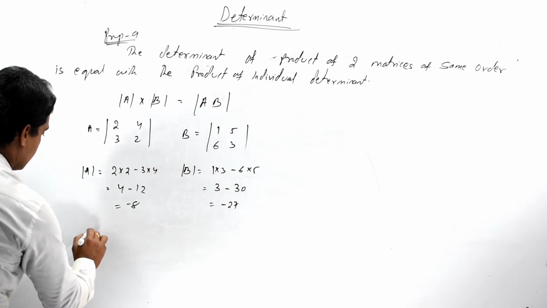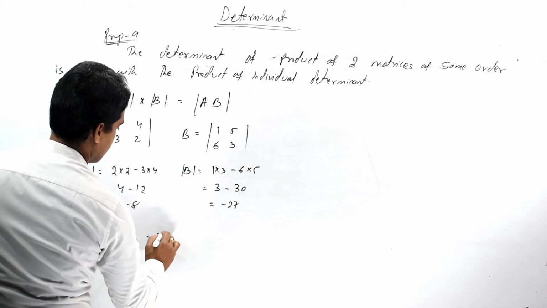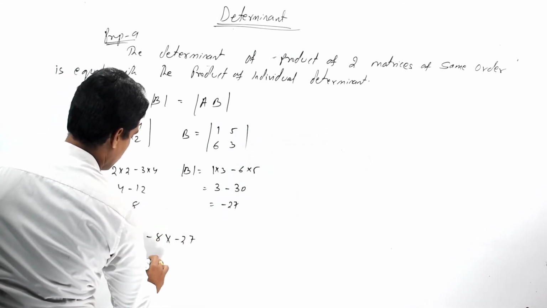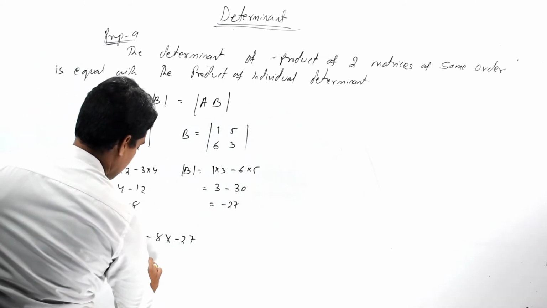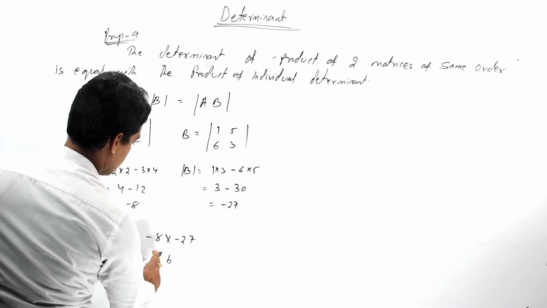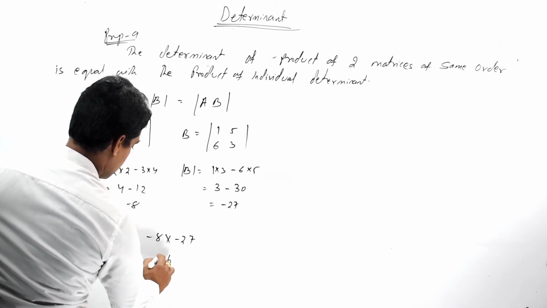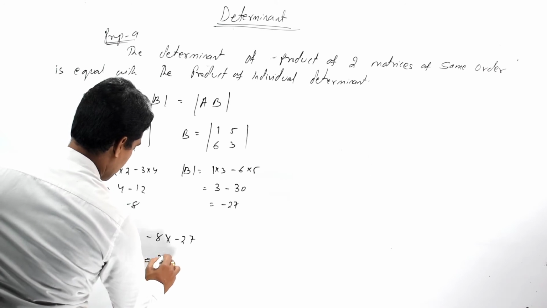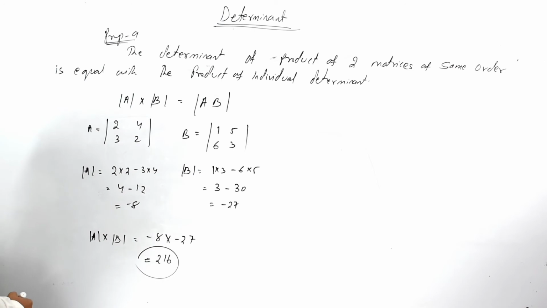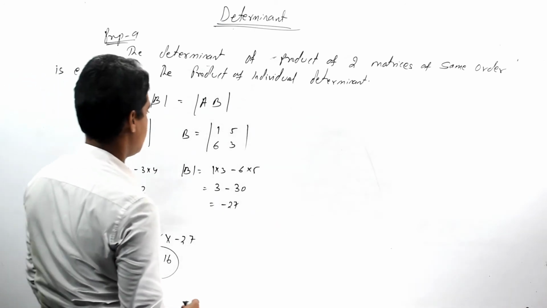Then determinant of A into determinant of B is minus 8 into minus 27, that is 216.